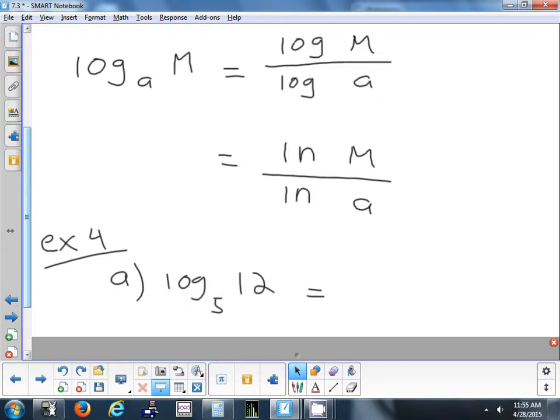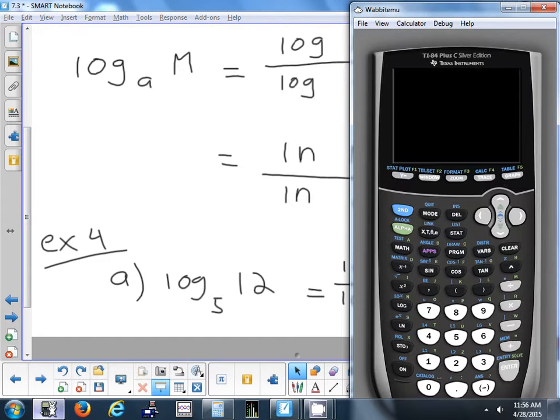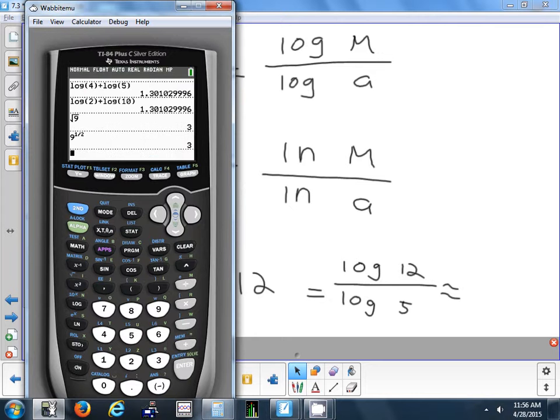Let me show you an example. Log base 5 of 12. I don't have a button for base 5 on my calculator. So if I want to type this in, I can type it in as log of 12 divided by log of 5. Let's type it in together. Make sure you get the same thing I get. Log 12 divided by log 5.